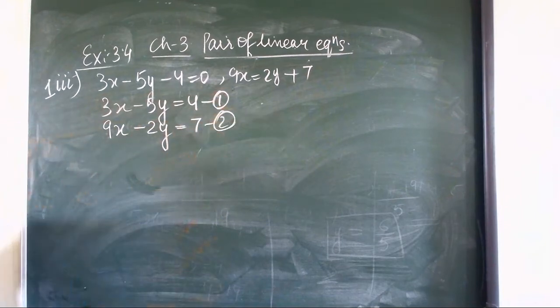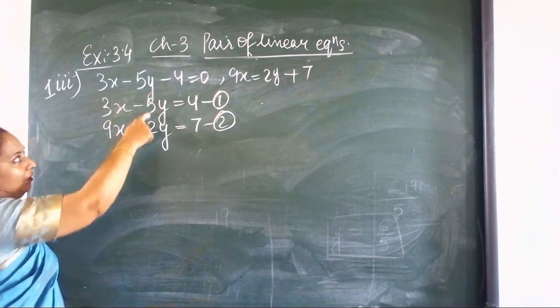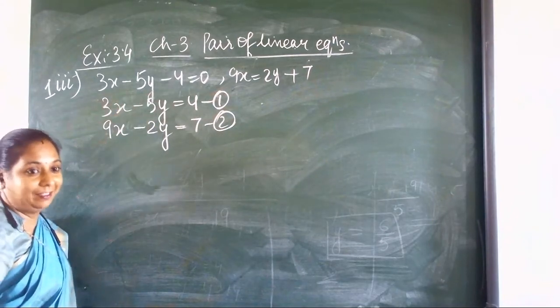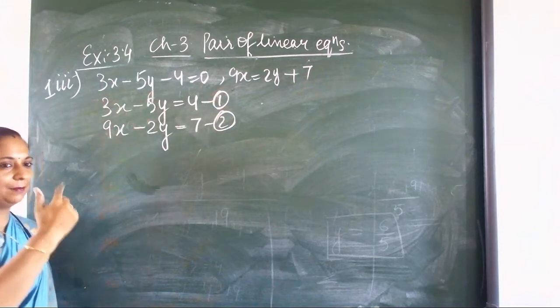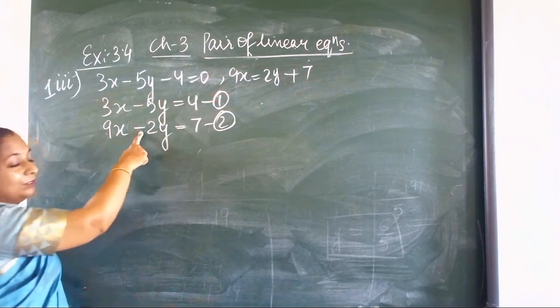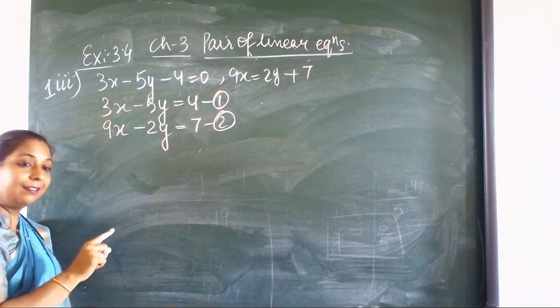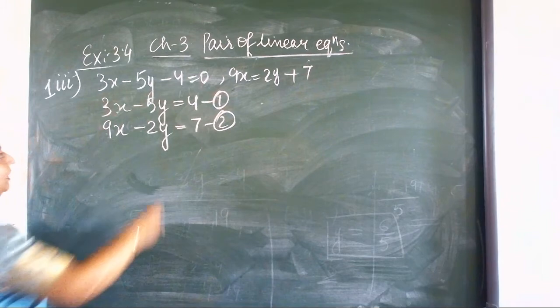Now we use elimination method. So now see here, if I equate y variable but having the same sign, minus 5y and minus 2y, minus same signs. For this, if the same signs are there, then we always subtract the equation. Clear? First we equate the coefficients 5 and 2.